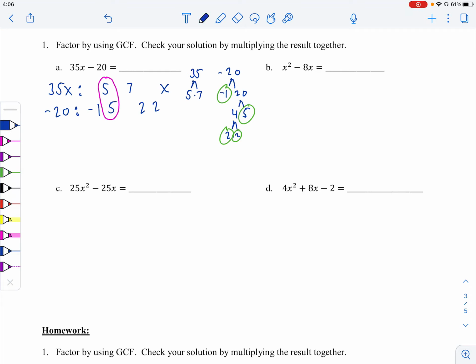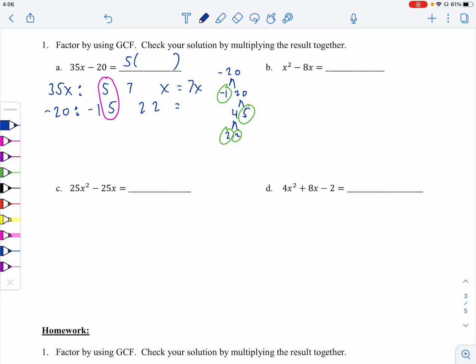Okay, so we're going to write 5 right here, parentheses. So we're going to find out what is left, right? So what is left over, we write it here. What's left over here? 7 and an x. So 7x. So we write 7x.